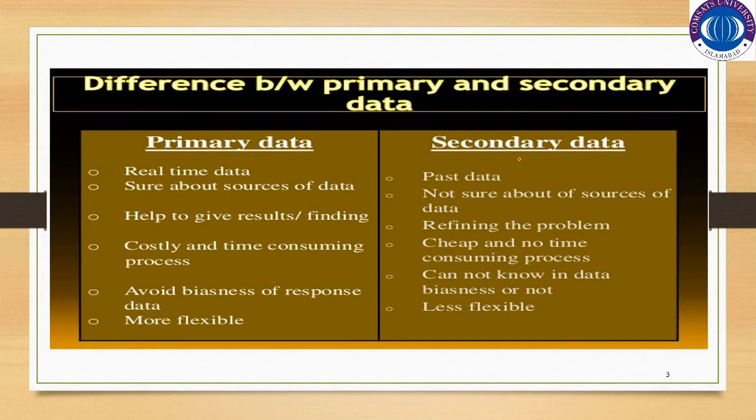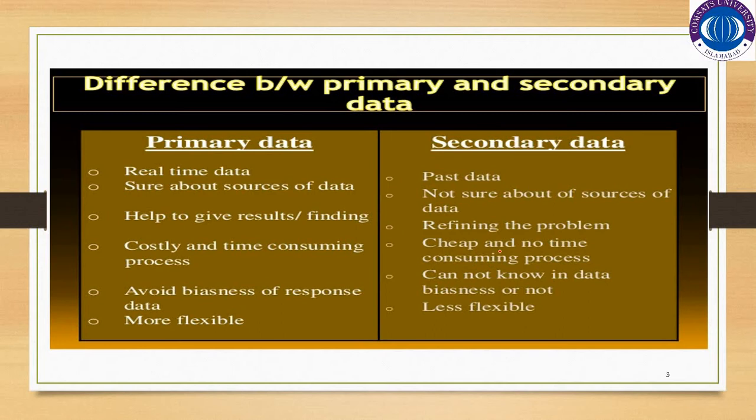And secondary data is usually past data, and you are not sure about the sources of the data. We are just refining the problem, as we have chosen already existing data from some source and we are using it. It is cheap and not a time-consuming process, because you are just picking up the data from some other source, not collecting it by yourself.